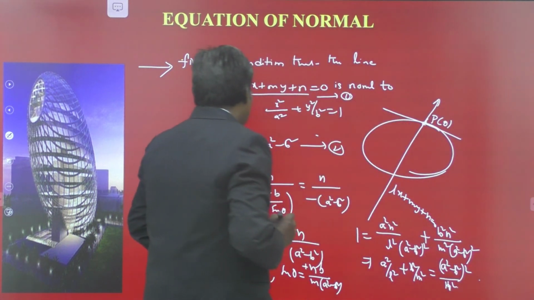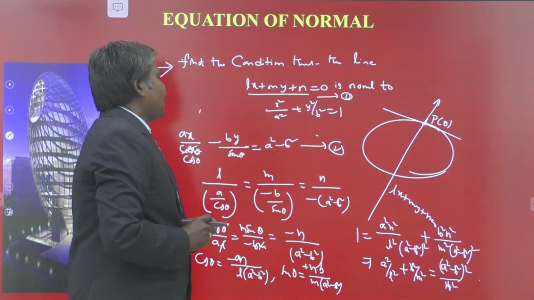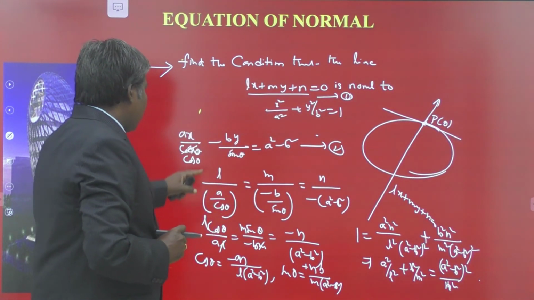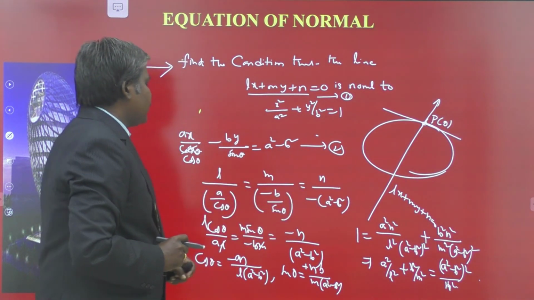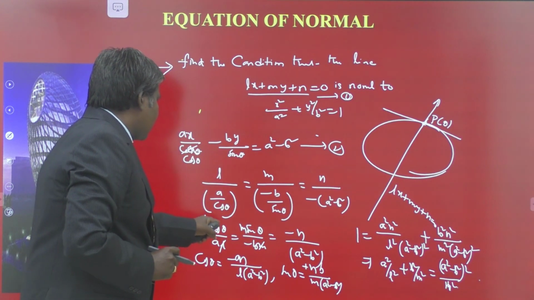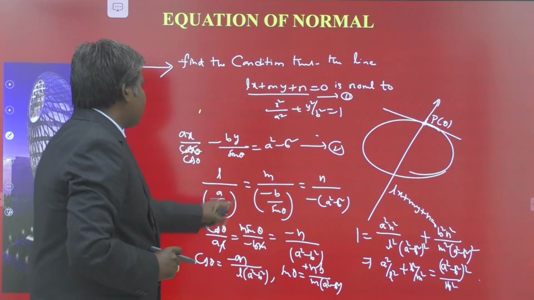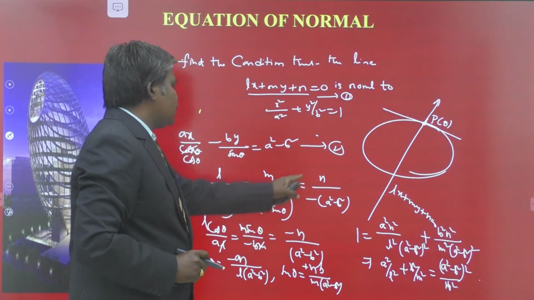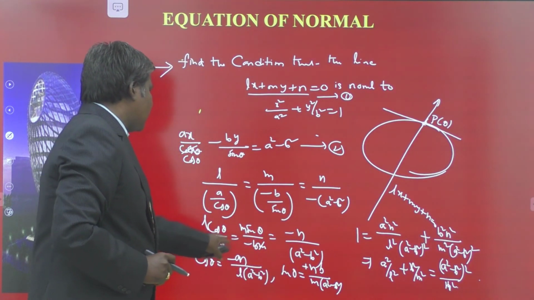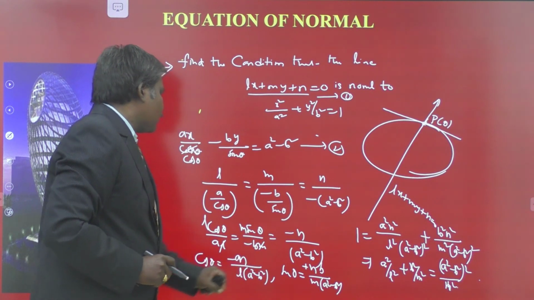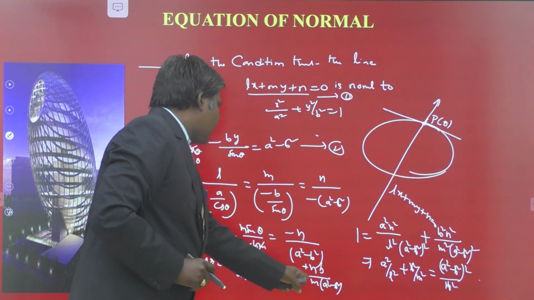So just by comparing the normal at theta to the line Lx + My + N = 0: L/(a/cos theta) = M/(−b/sin theta) = N/(−(a² − b²)). L cos theta/a = M sin theta/(−b) = N/(−(a² − b²)). From that, cos theta is −aN/(L(a² − b²)), and sin theta is bN/(M(a² − b²)).